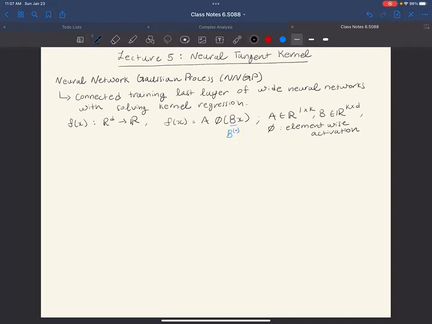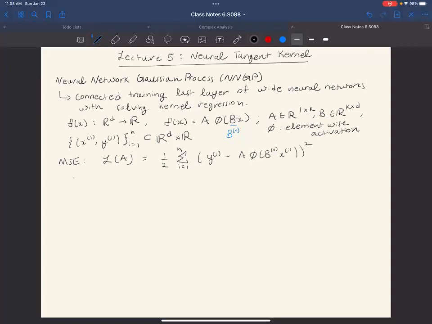And remember that given a set of data points, x_i, y_i, which was our training data, we would minimize this mean squared error, which here I would just denote as a function of A because B was not being trained. And this was just the sum, i equals 1 to n, of (y_i minus A phi of B naught x_i) squared.